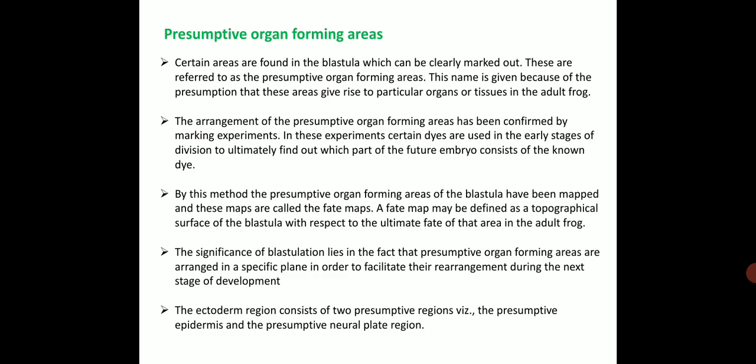The outermost region, the ectoderm, consists of two pre-assumptive regions, which can be clearly marked out in the blastula: the pre-assumptive epidermis and the pre-assumptive neural plate region.